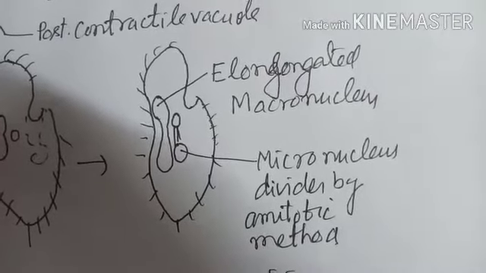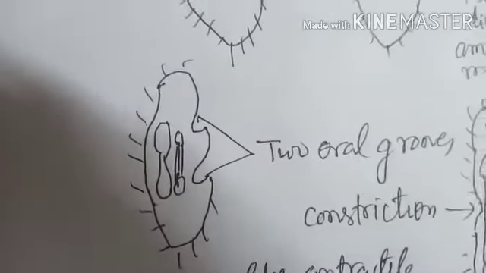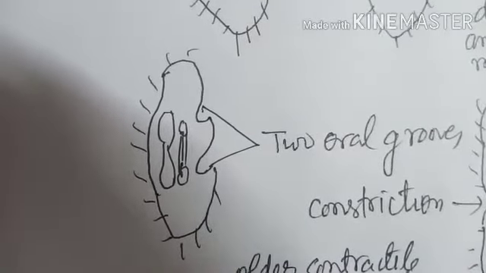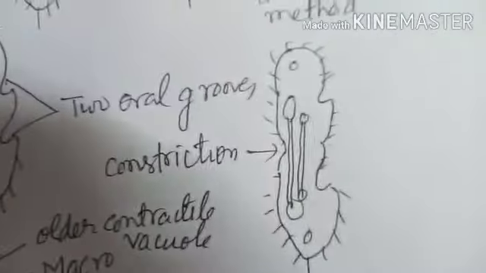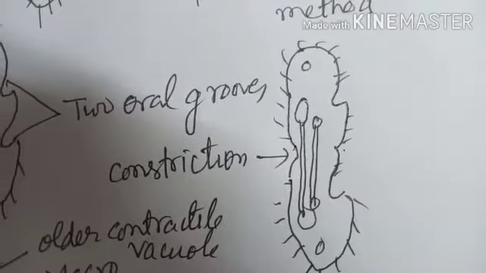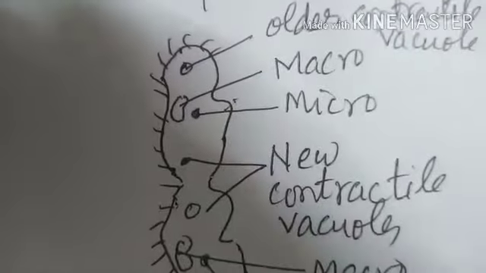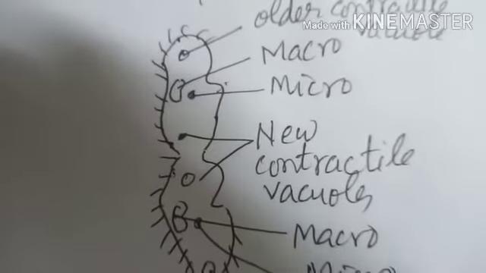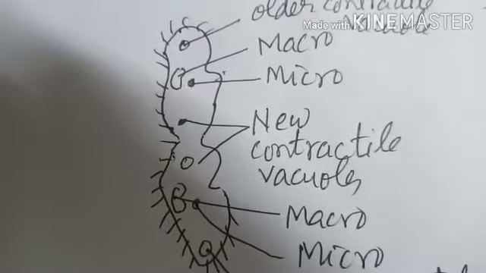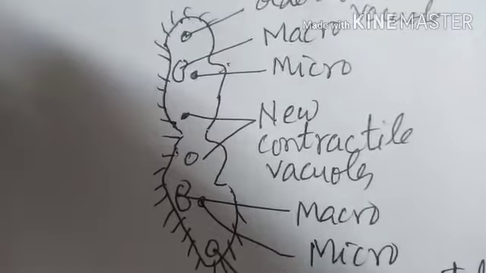Macronucleus elongates, and then it is followed by development of two oral grooves, then constriction in the middle region, and then development of two paramecia by developing two contractile vacuoles in the middle region.